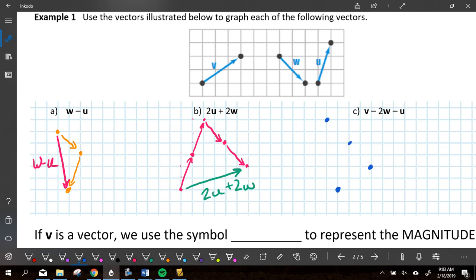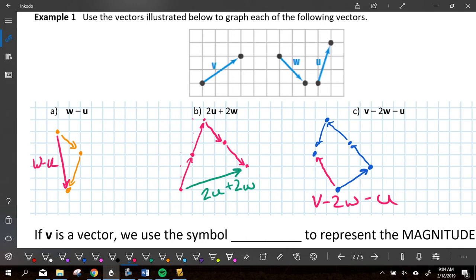Yep. Left 1, down 3. There we go. So we went here to there to there to there. But really all I care about is that final line. The actual answer to the graph, to the vector addition, is that thing. V minus 2W minus U would be that pink line right there.